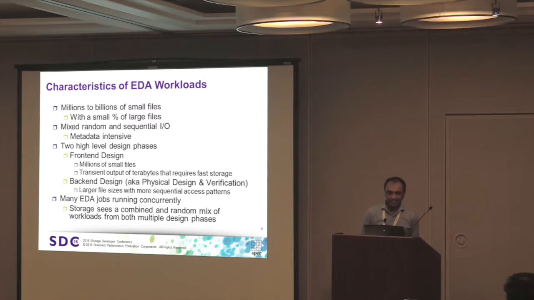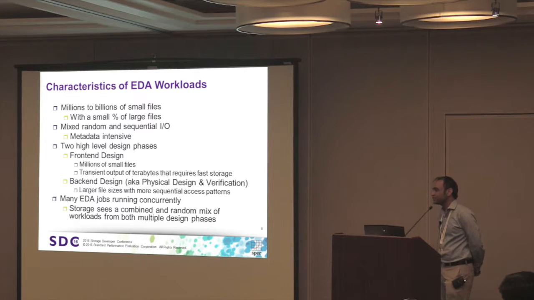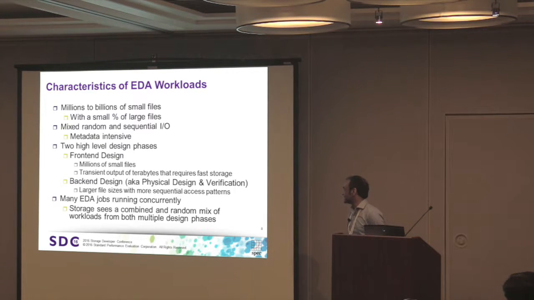If you were to look at the data set characteristics, the data set consists of millions of small files. This is because if you think about the EDA chip design flow, somebody decided that they're going to represent a circuit as a flat ASCII text file, and represent another circuit as another file, and so on, and create a POSIX directory hierarchy to define a block and bigger block, and then ultimately a chip, right?